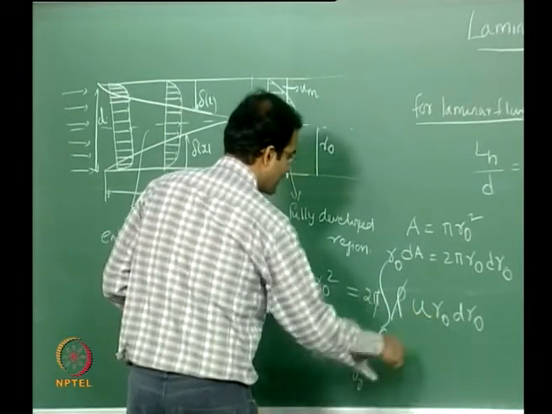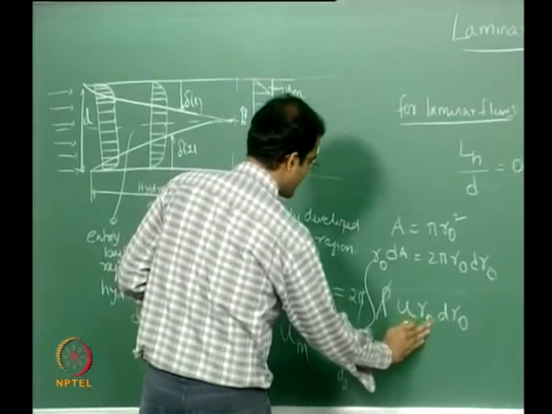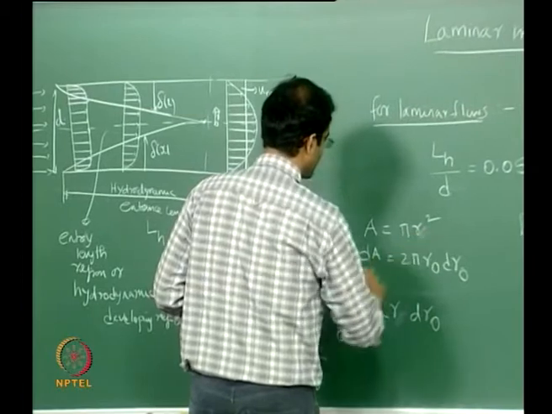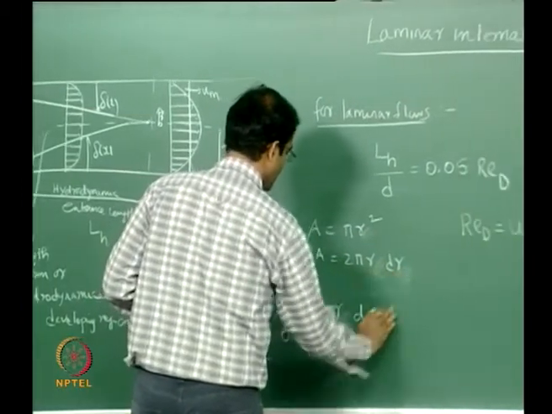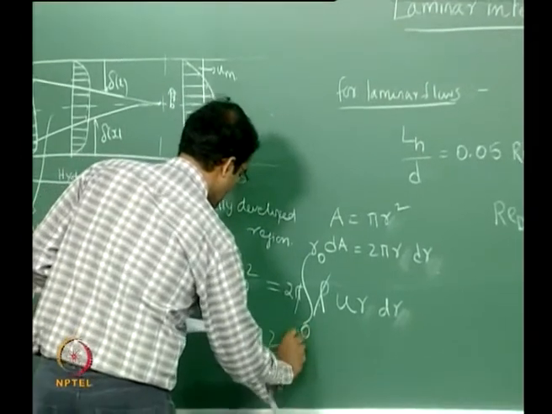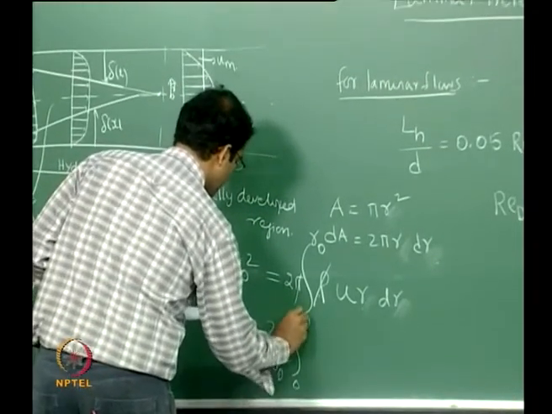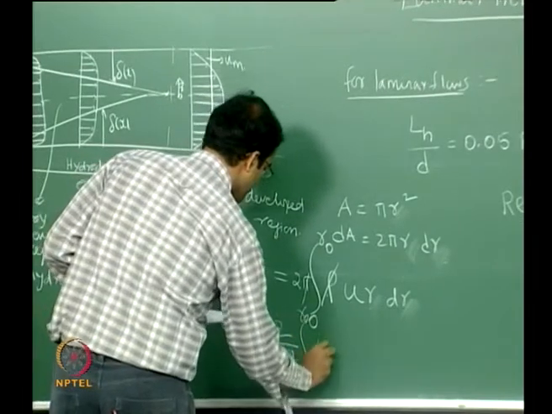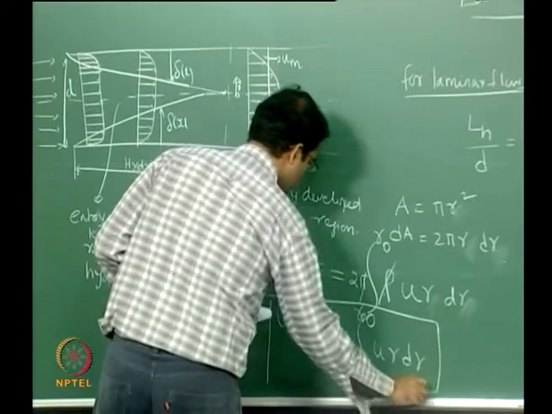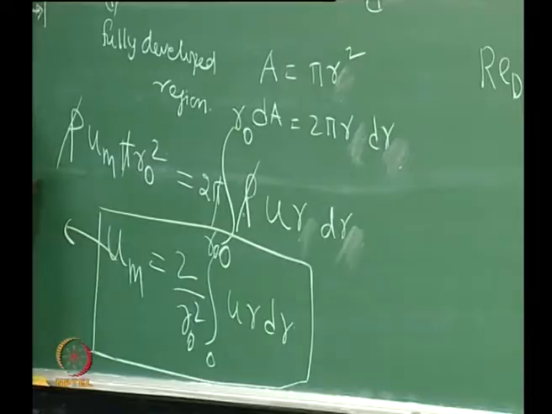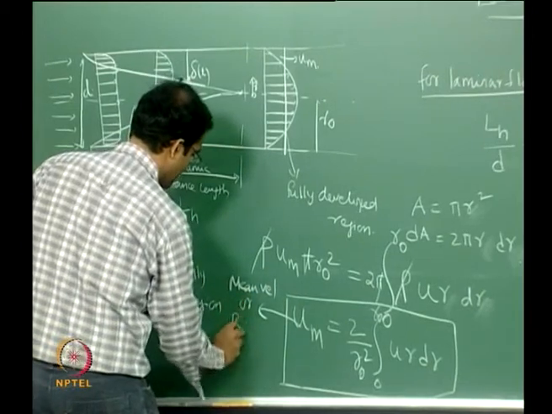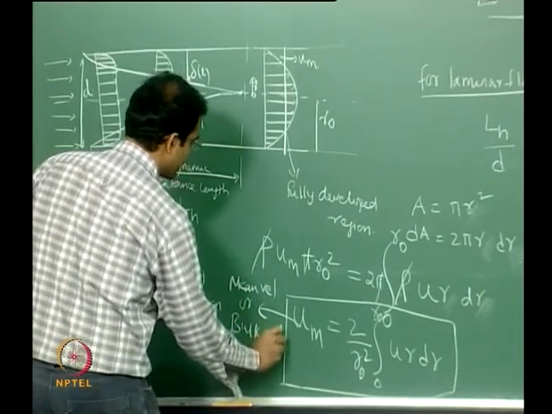So here my r naught, so this is basically my r, I'm sorry, this is pi r square. Okay, so this should be 2 by r naught square, integral 0 to r naught, u into r dr. So this will be the definition of my mean velocity, or what I call bulk velocity in internal flows.